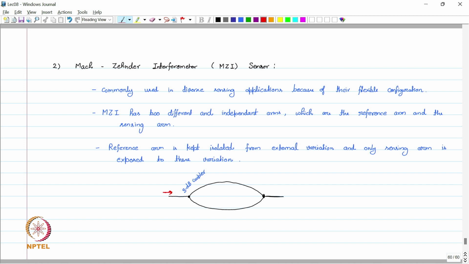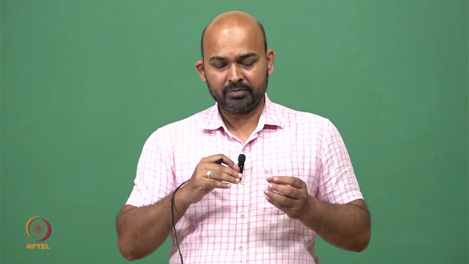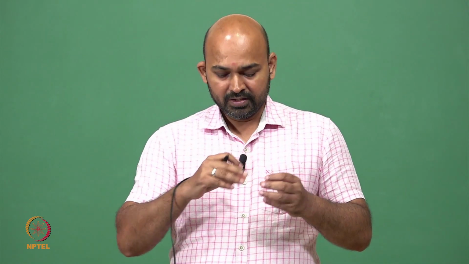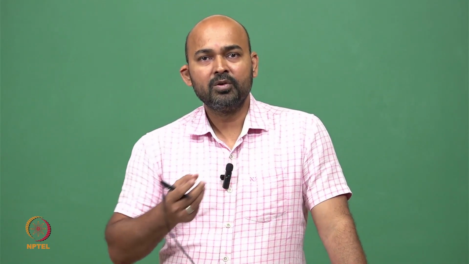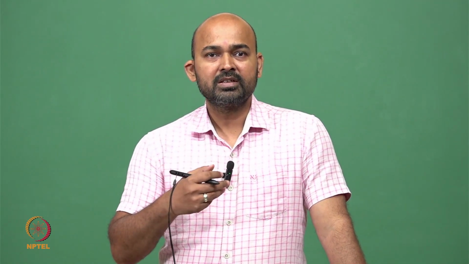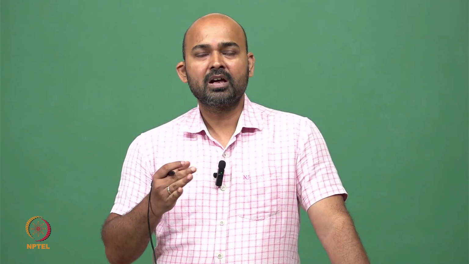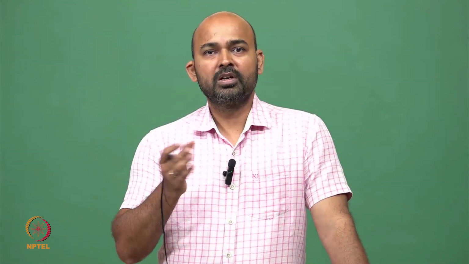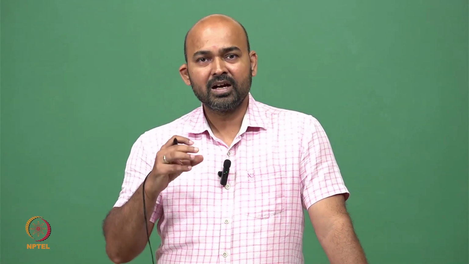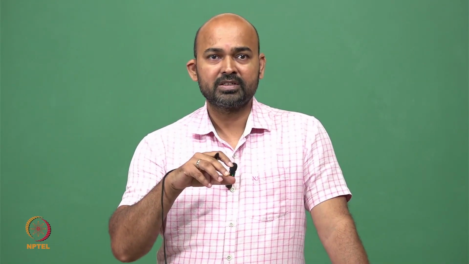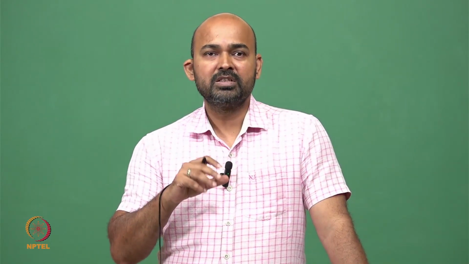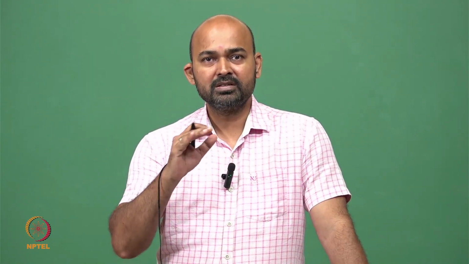Of course the intensity will be half, because half of the wave goes into the upper arm, which is called the reference arm, and the other half goes into the lower arm, which is the sensing arm. Now the reference arm we do not expose to the measurand; only the sensing arm is the one where we apply the measurand, for example temperature.